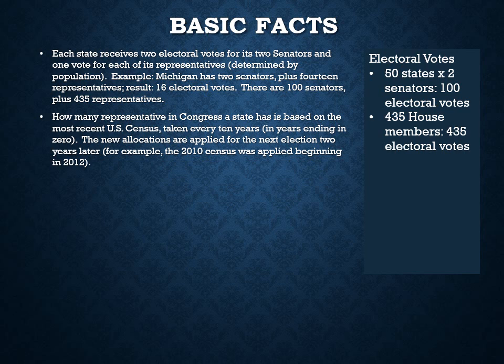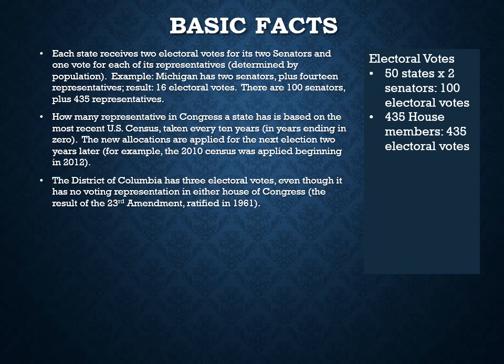So we have now 535, and as a result of a constitutional amendment, the 23rd in 1961, the District of Columbia, meaning Washington, D.C., has 3 electoral votes. It cannot vote in either the House or the Senate, but it does have 3 electoral votes in presidential elections.